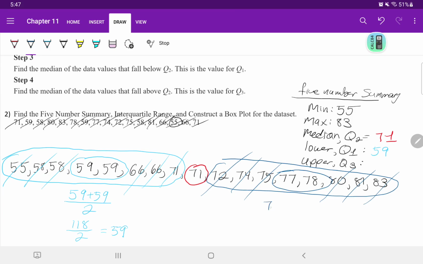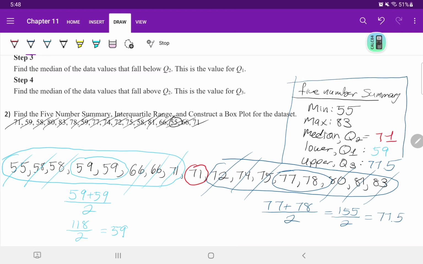So we add those numbers up. And you can also do this in your head to determine what the middle value is going to be. Then divide by 2. 77 plus 78 is 155. 155 divided by 2 is 77.5. And that is the 5-number summary.